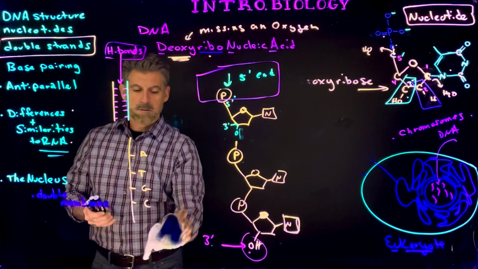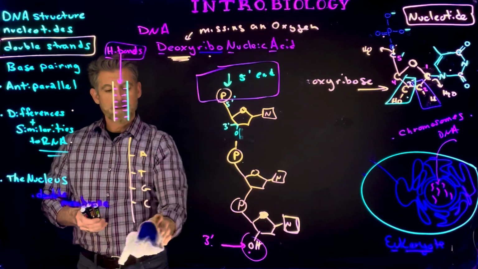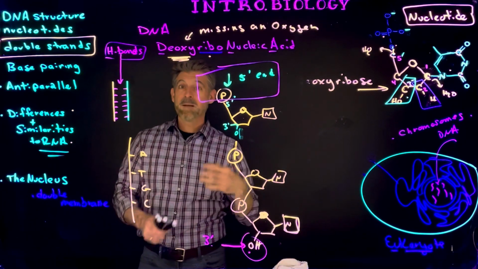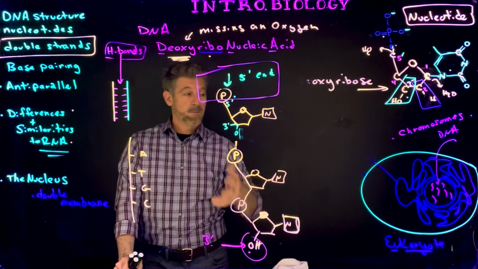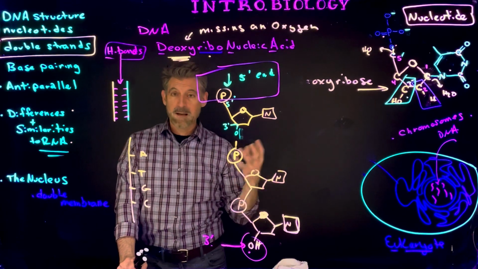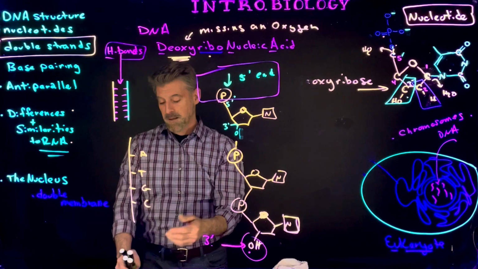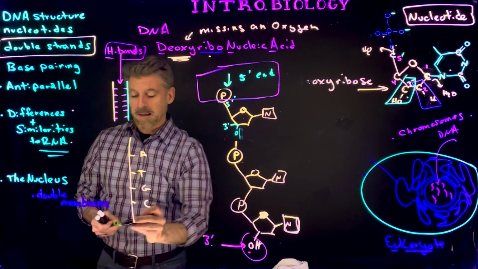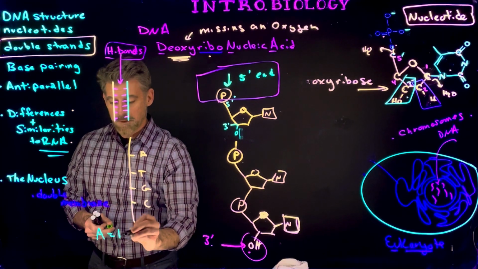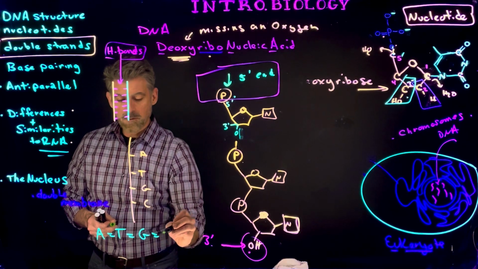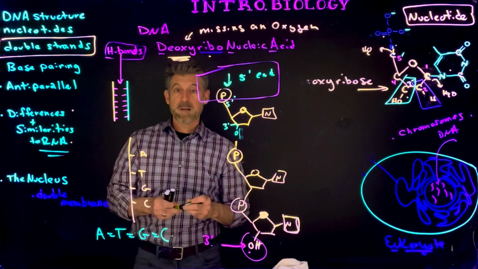Years before, a scientist named Chargaff looked at DNA before anybody even knew it was double-stranded. He was looking at A's and T's and G's and C's, and his idea was that they'd all be the same. That A would equal T, would equal G, would equal C. So essentially 25% of each.